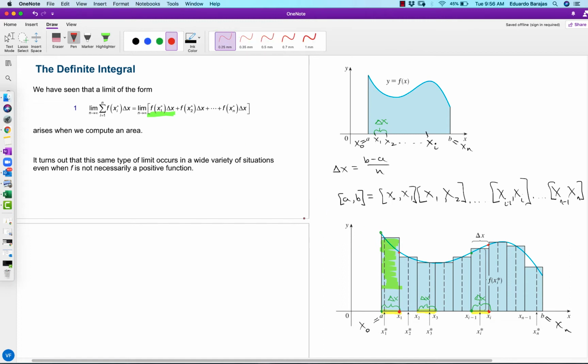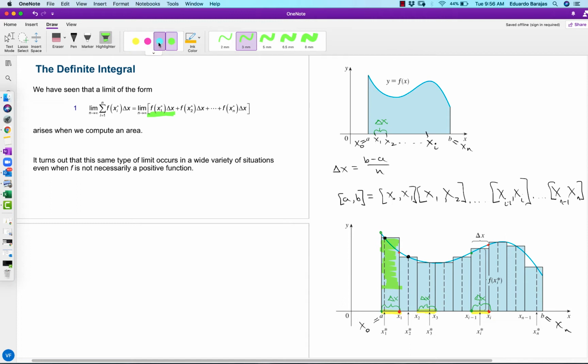So for this rectangle, this turns out to be the height we use because it matches the x sub 1 star input value, f evaluated at x sub 1 star. Good. And then the second rectangle, its height is determined by evaluating our function at x sub 2 star.